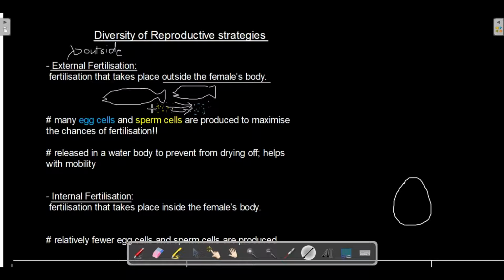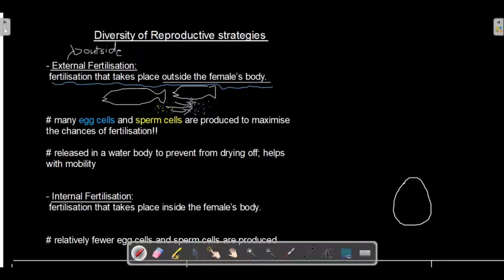So now, because this is the ocean, and the ocean has many organisms that live in it and has many predators, okay, that can consume these gametes, or developing embryos, so on and so on. There have to be measures to try and maximize the chances of fertilization, right?